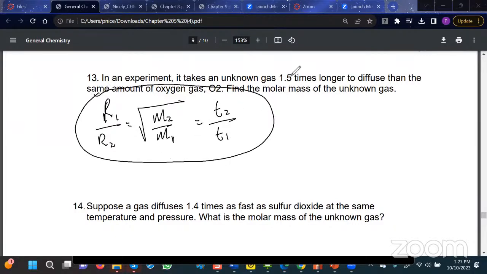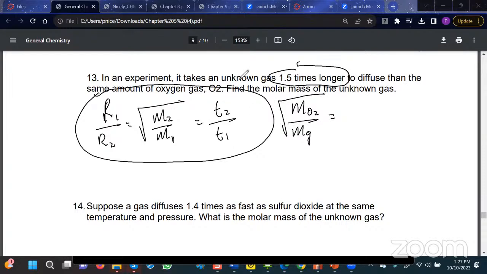Now, in this particular case, it tells you that the unknown gas takes 1.5 times longer to effuse. So basically, you're talking about times, not rates, right? So this is the way I would set this up. I would say that the molar mass of oxygen divided by the molar mass of the unknown gas, square root. That would be equal to, how am I going to do this?